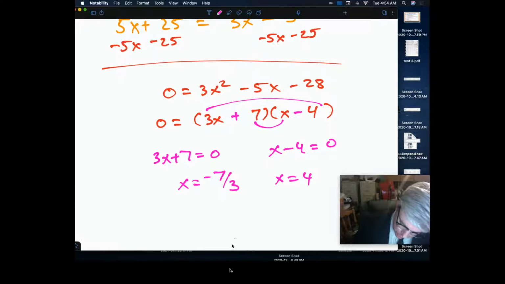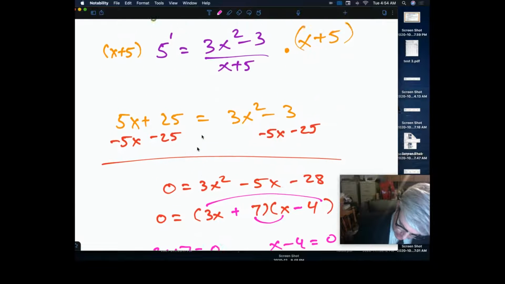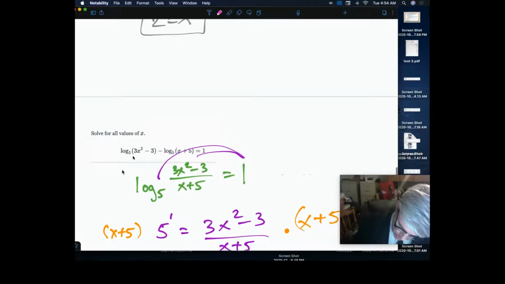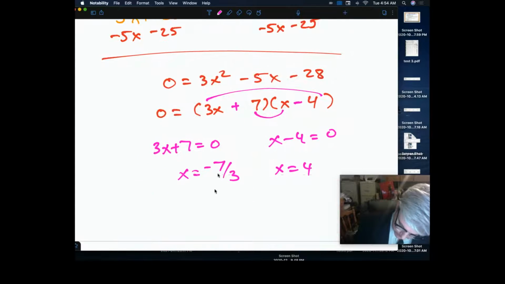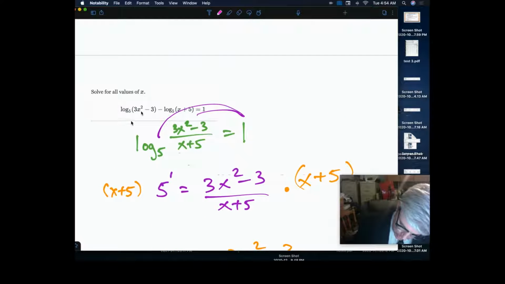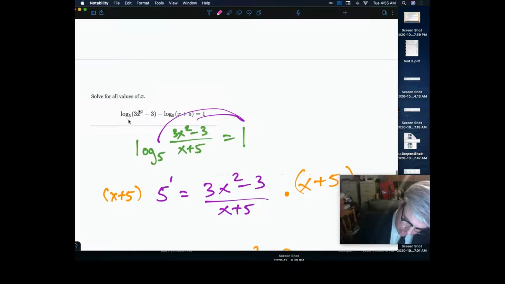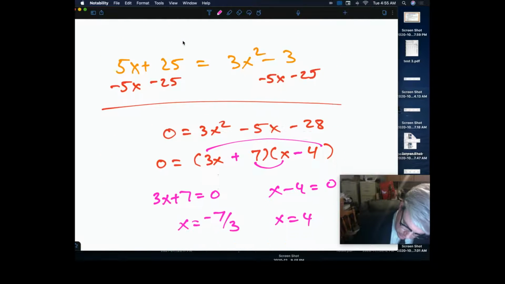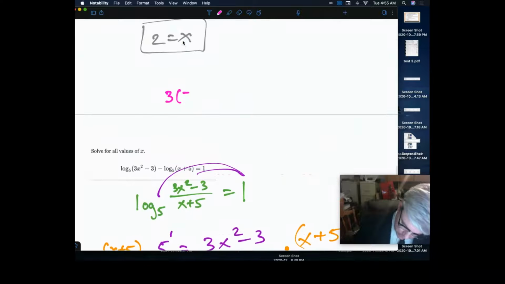Now, very important, you cannot have a negative inside the argument of the original. So the question is, if I plug in negative 7 over 3 here, I'm okay because, well, let's find out. Maybe I'm not going to be okay. So we got 3 times negative 7 over 3.